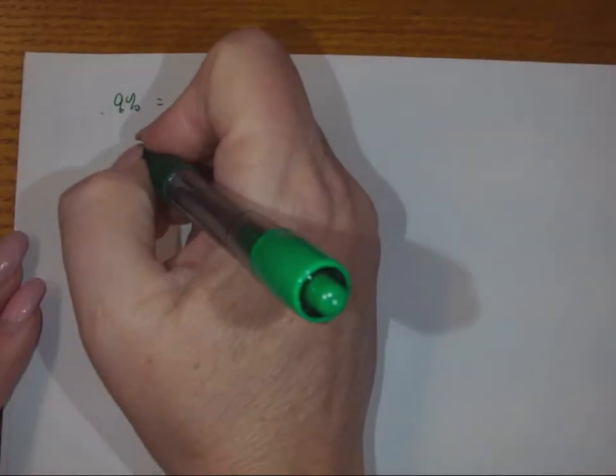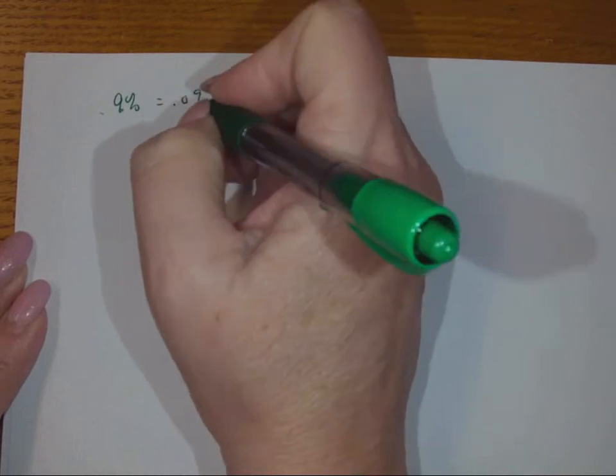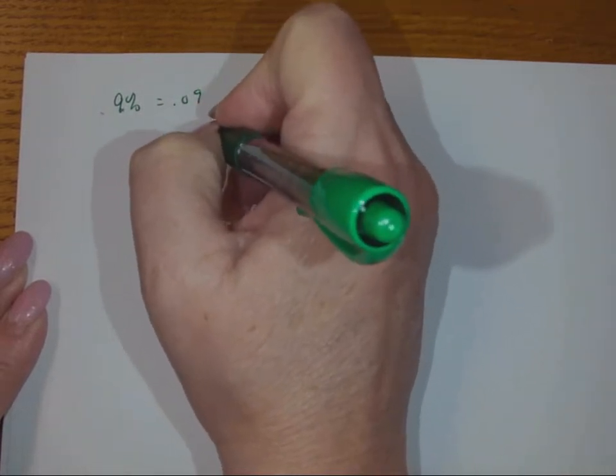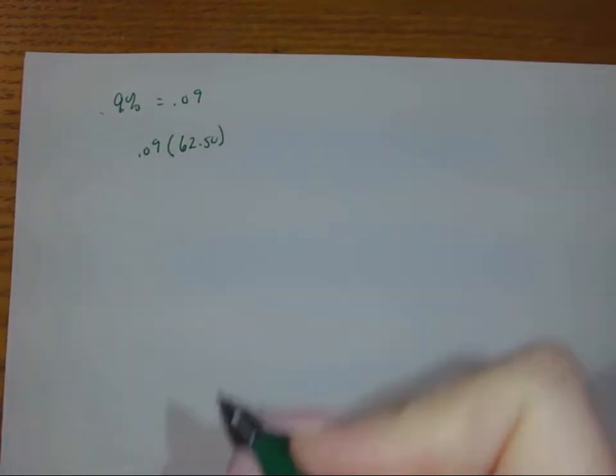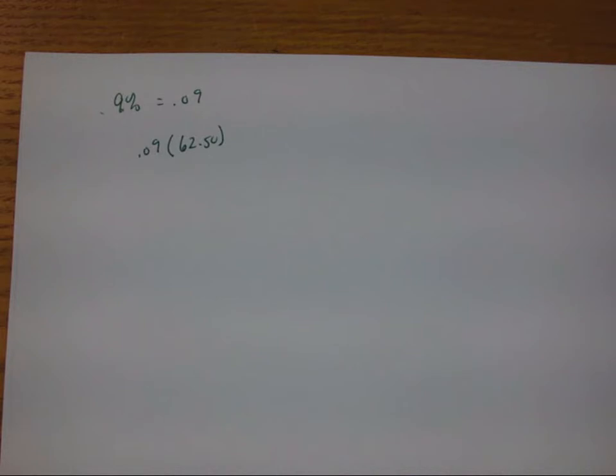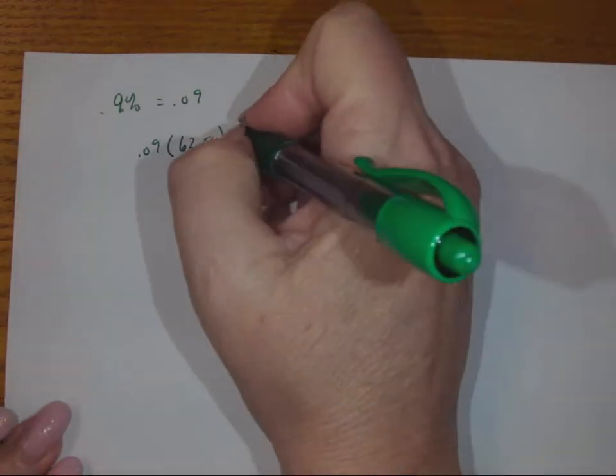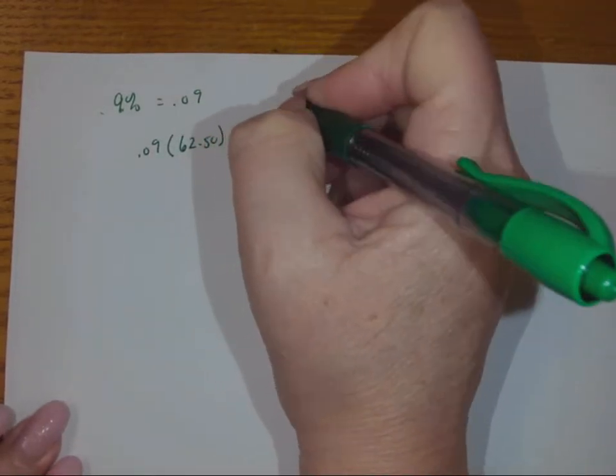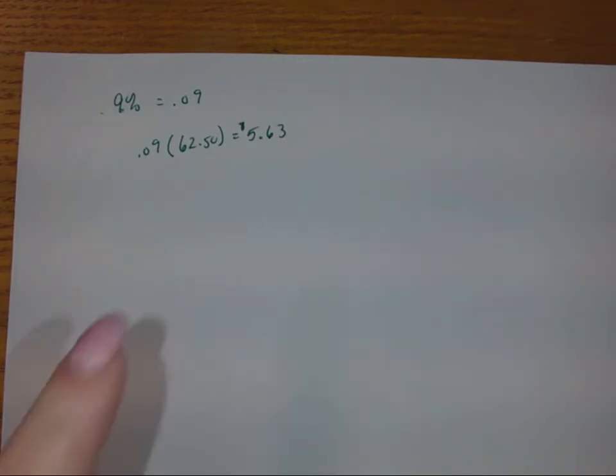So we are going to take the 0.09 times our 62.50, which is how much the books cost. And when we do that multiplication, we will get $5.63. So that is the amount of our shipping fee. And the problem after that would follow the same.